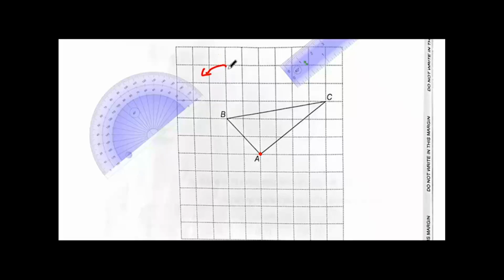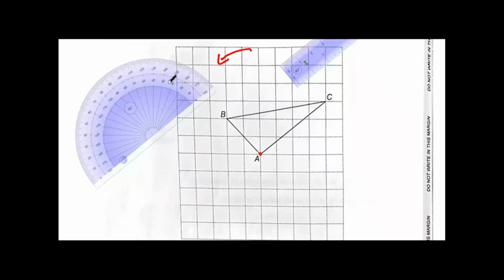Okay, so that is the direction we want to follow. So this is anti-clockwise direction. So I'll need you to pay attention very well. You pick your protractor, and the center of the protractor should be at the center of rotation. You set it very well.